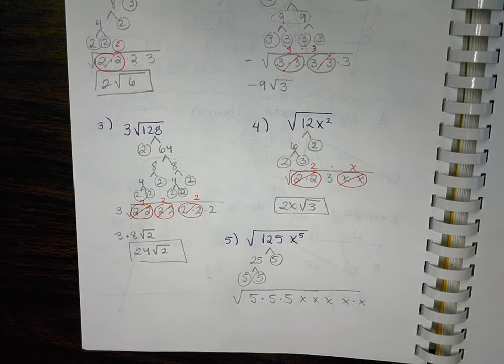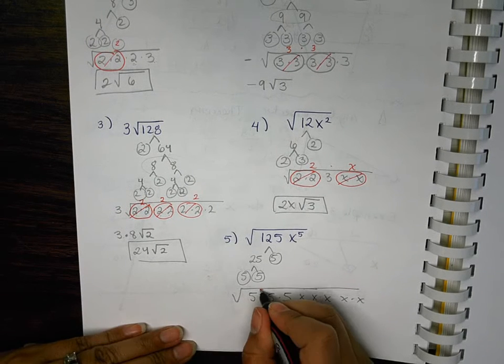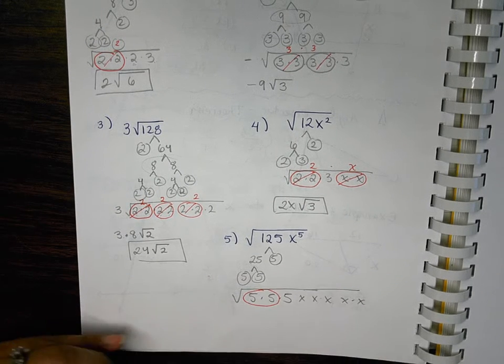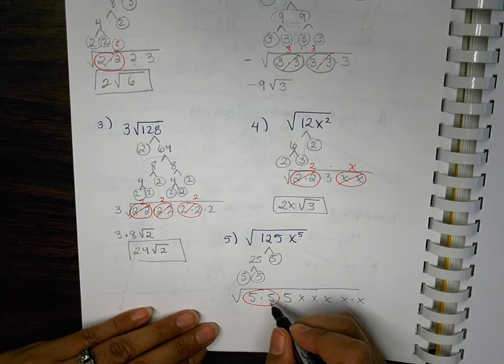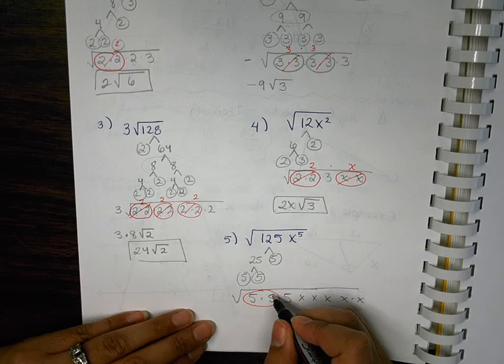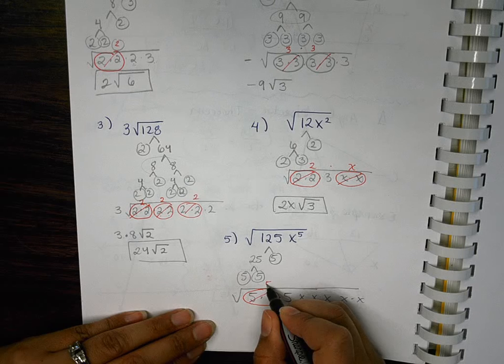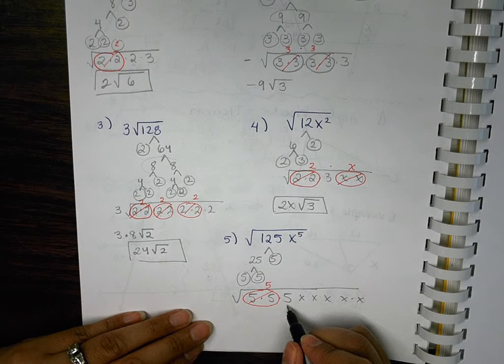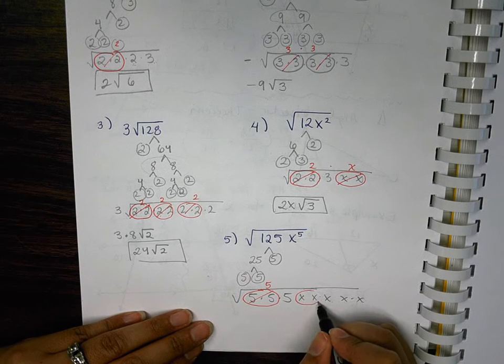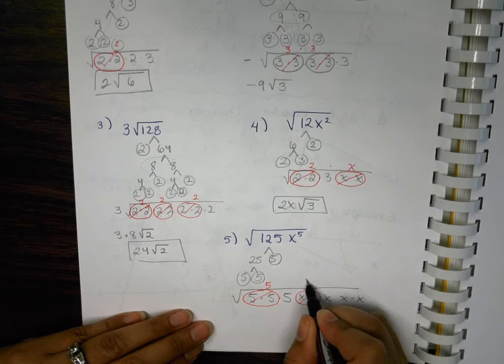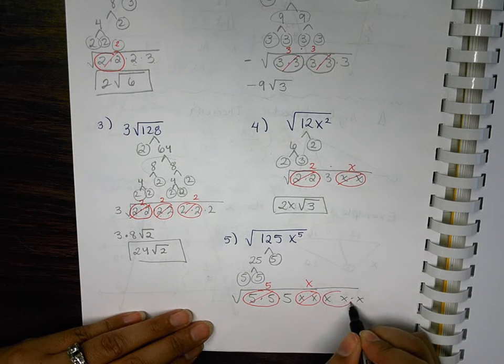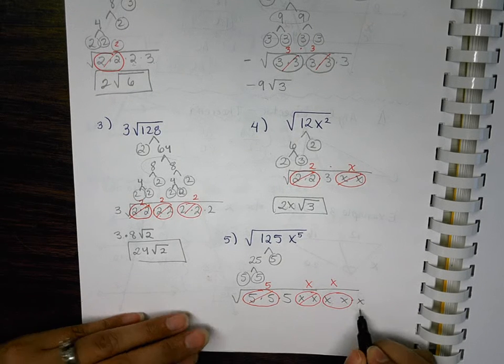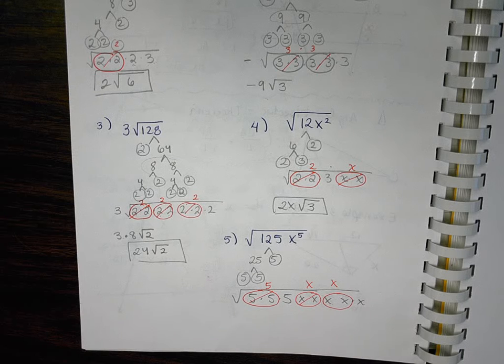All right, so let's circle the pairs. I have this set here is coming out as 25 or coming out as 5? 5, because 5 times 5 is 25, but the square root of 25 is 5. All right, that 5 gets left behind. This set comes out as just x. Another set comes out, yes or no? Yeah. X, and what about the third one? It gets left behind, or the last x.